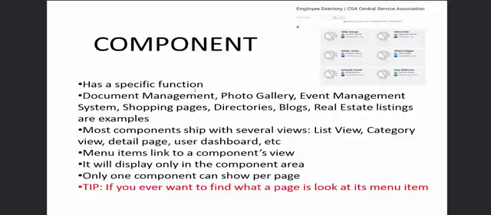It will only display in the component area, and only one component can show on a page. If you ever want to find what type of page you're looking at, look at its menu item.